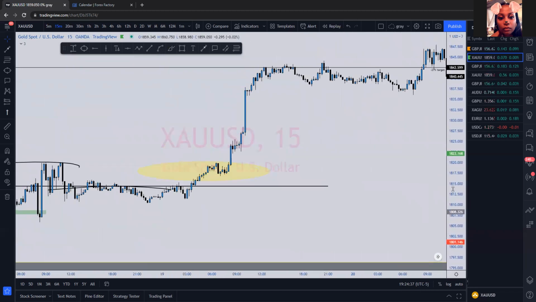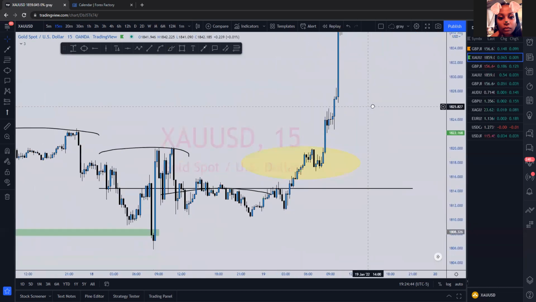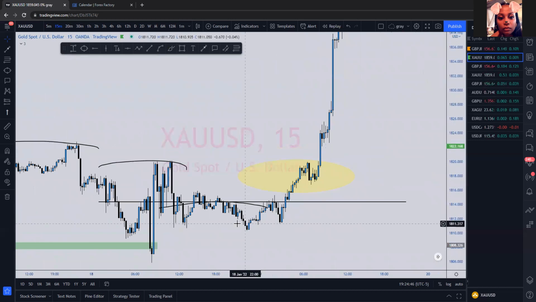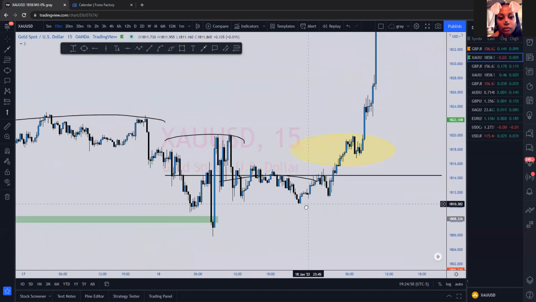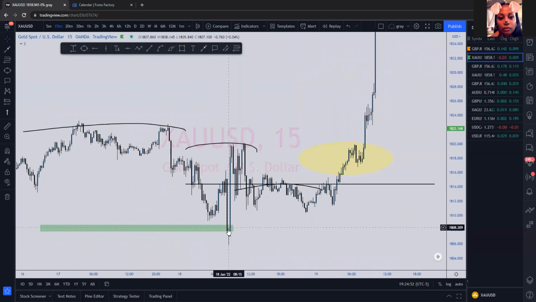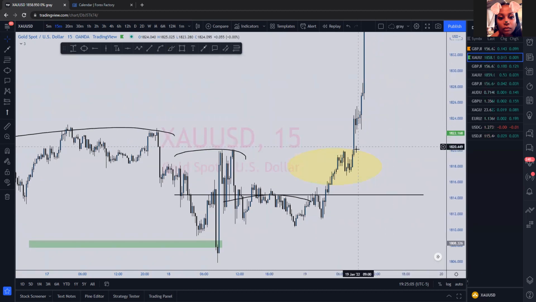If there was even an entry at this time, this would probably have been a 5-minute entry, because you probably would have missed this. Lower highs would have still been maintained on the 4 hours, so it wouldn't have even been smart to try to take buys based on some smaller time frame. No, you have to wait for the 4 hours to break back again. You don't want to over-anticipate like that.